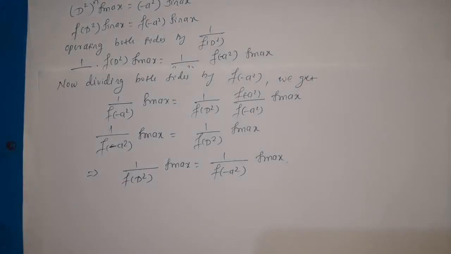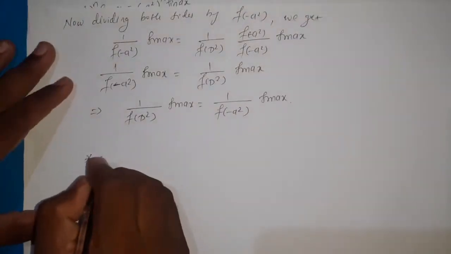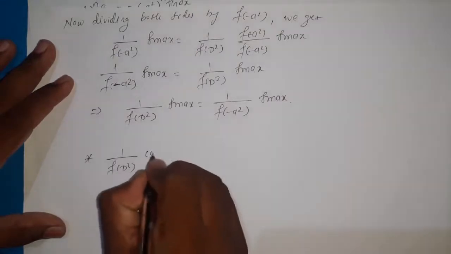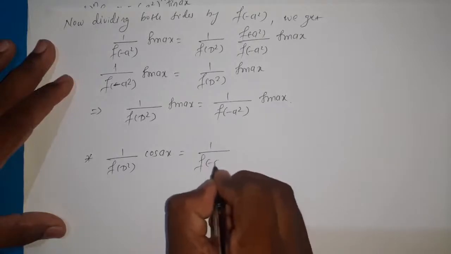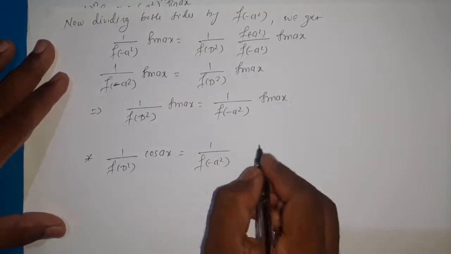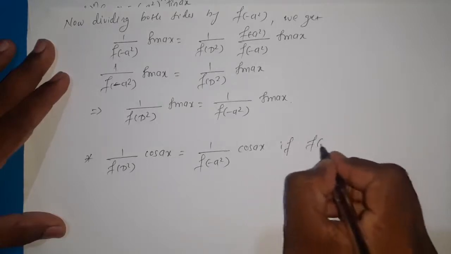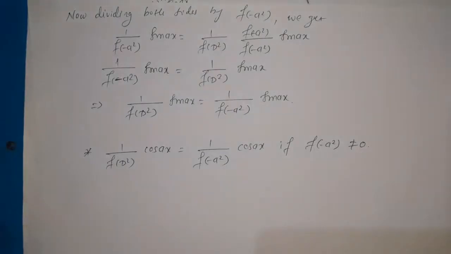And now you can try this one. Try yourself: 1 by f of D square cos ax equals 1 divided by f of minus a square cos ax, if f of minus a square is not equal to 0.